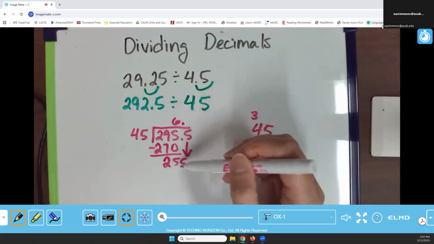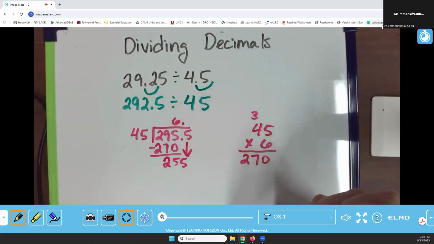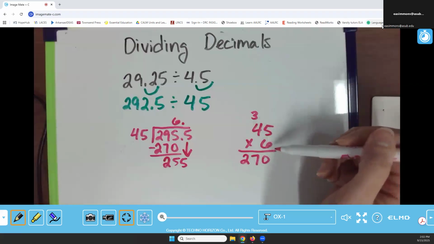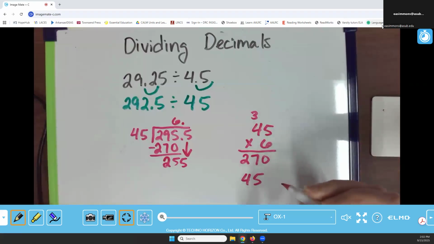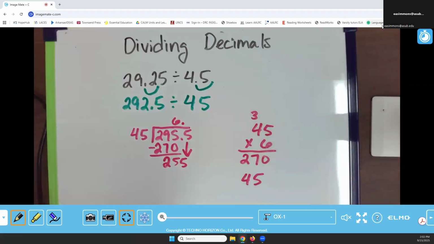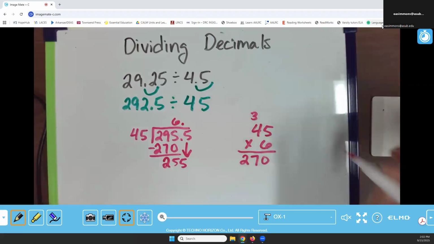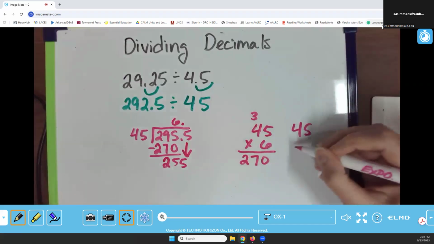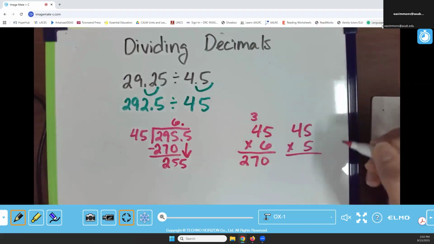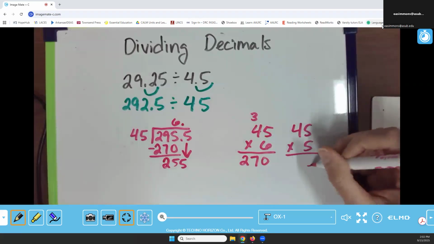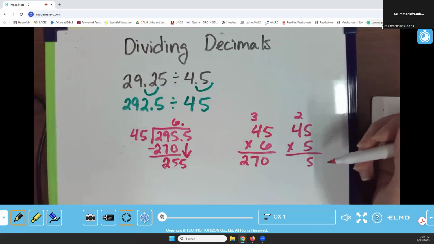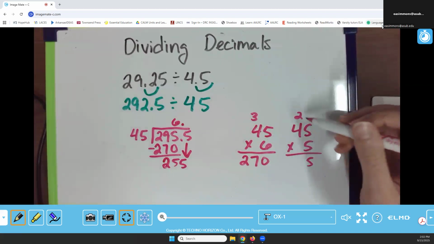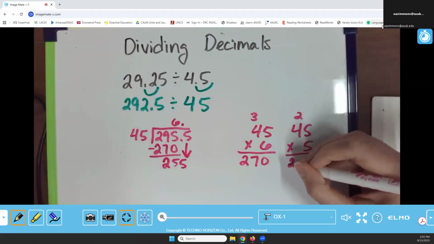We need to figure out how many times 45 goes into 225. 45 times 6 was 270. I'm going to guess 45 times 5. And we'll see. 5 times 5 is 25, carry a 2. 5 times 4 is 20, plus 2 makes it 22.